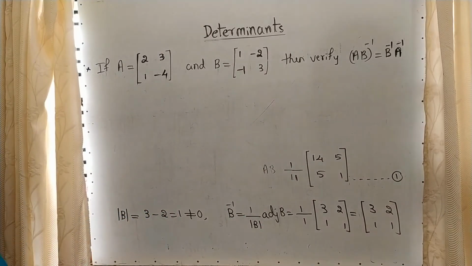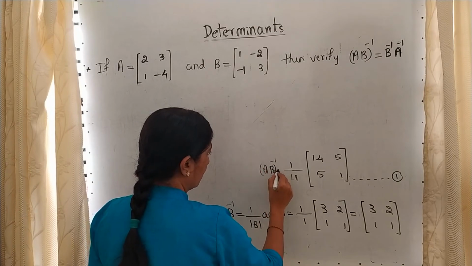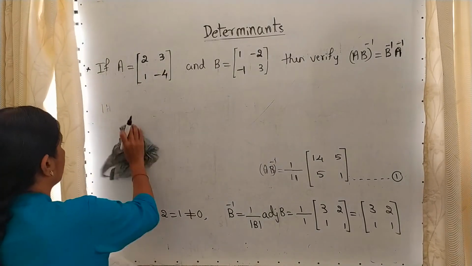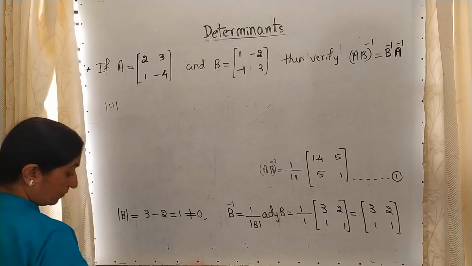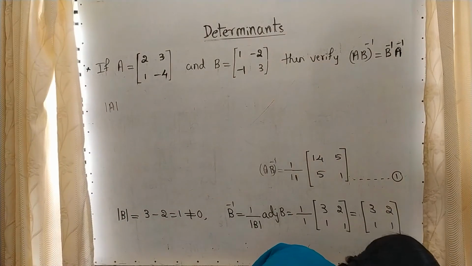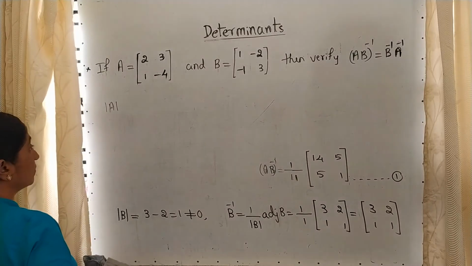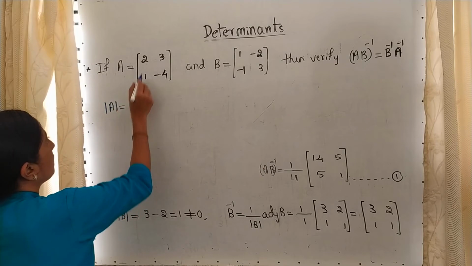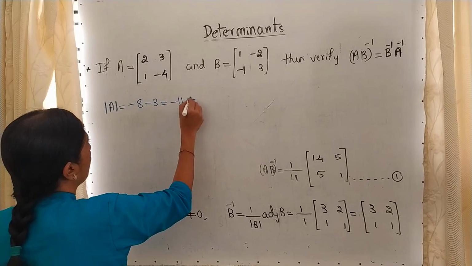This is AB inverse. This I kept as it is. Now I am finding the determinant of A. It is minus 8 minus 3, that is minus 11, not equal to 0.